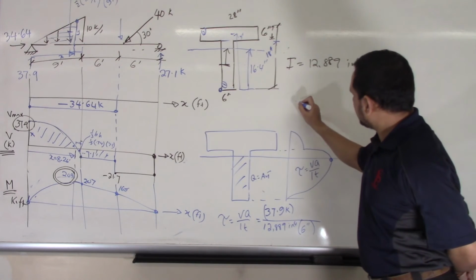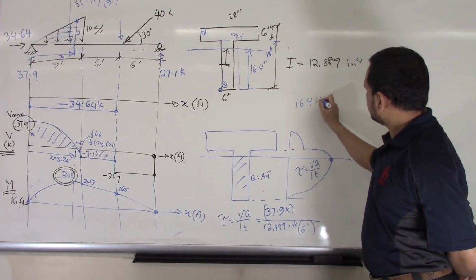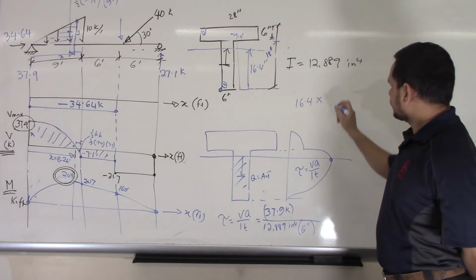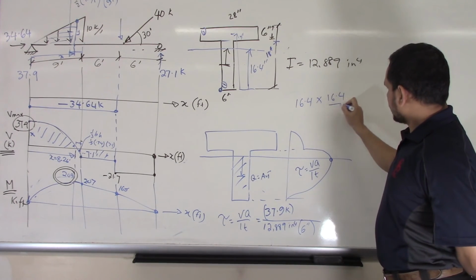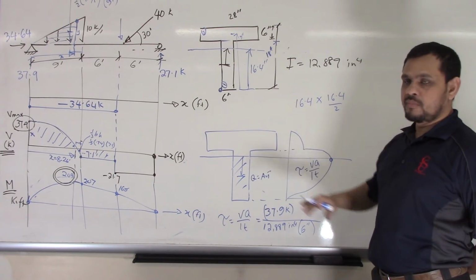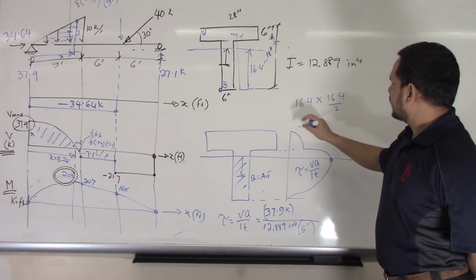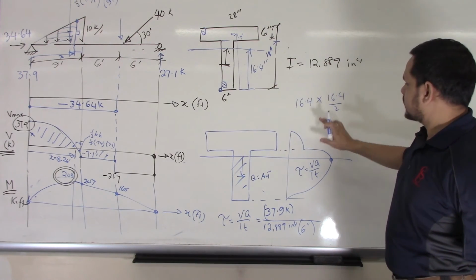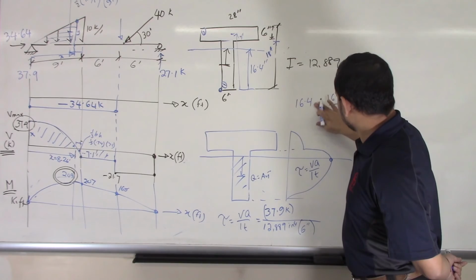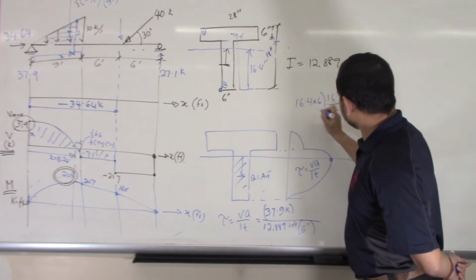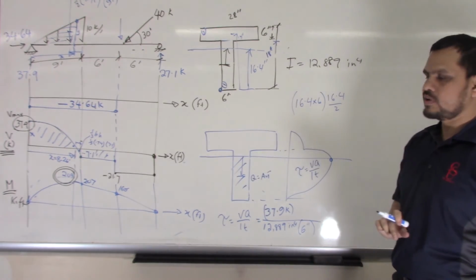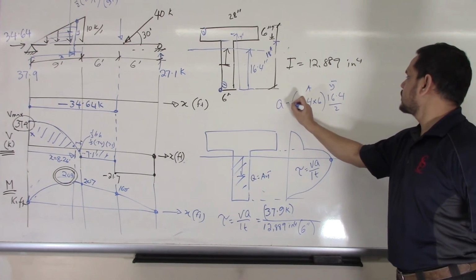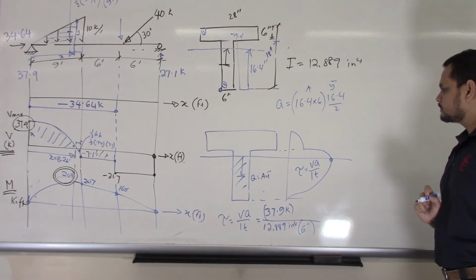What is this area? 16 times 4. What is the centroid of this area? 16.4 by 2 from the combined centroid. I made a mistake. My area is 16.4 times 6. I forgot this width. So that is my A, that is my Y, and this is my Q, A Y bar.